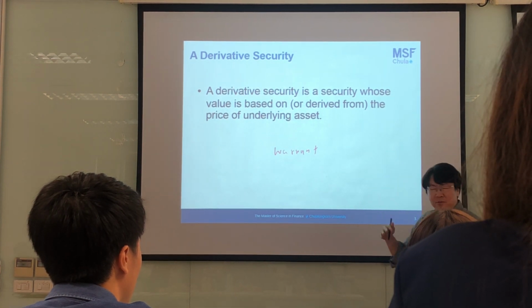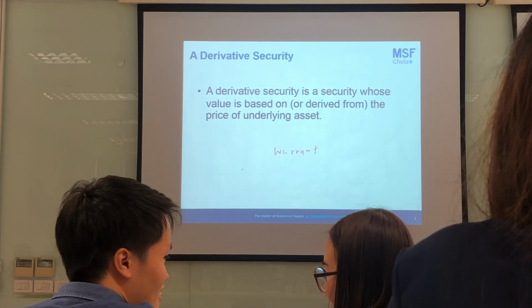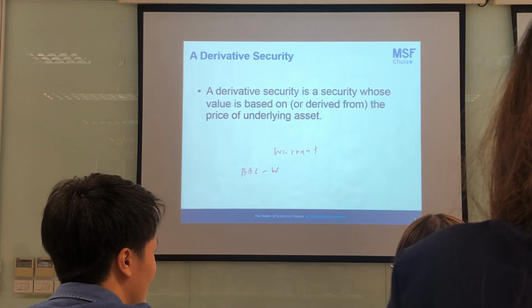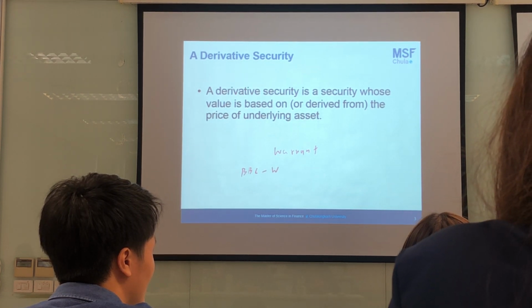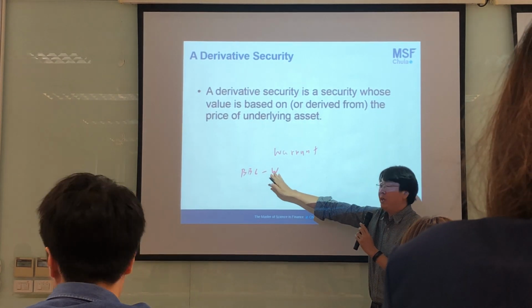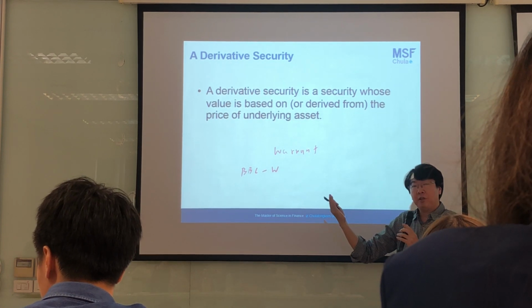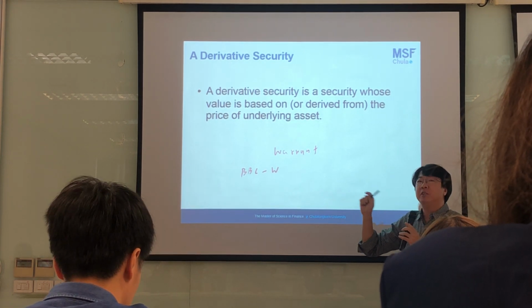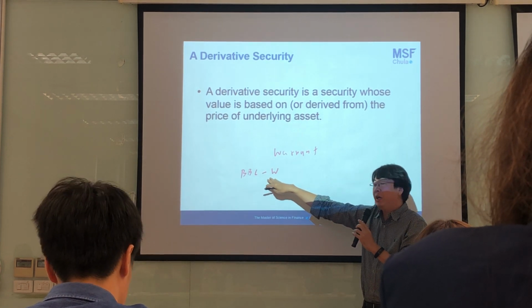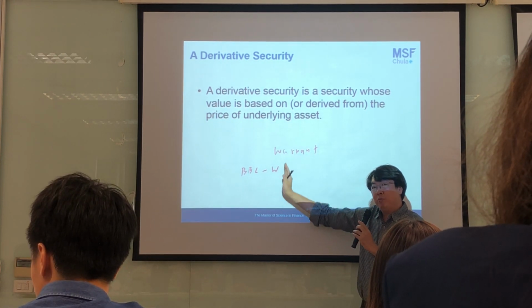So let's just make up one warrant, like a BBL warrant. Of course, this does not exist. Suppose a Bangkok Bank warrant. What does it mean? It means that if you buy this warrant, you can buy the stock of Bangkok Bank at a certain price, specified in this warrant. Let's imagine what the price of the warrant would be.